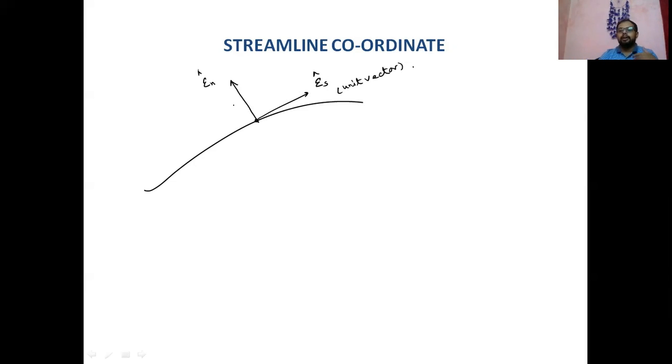What is the advantage of taking such a coordinate? Because the velocity will be one-dimensional always. At any instant, we know the velocity only along the ES direction. There is no velocity along the EN direction.